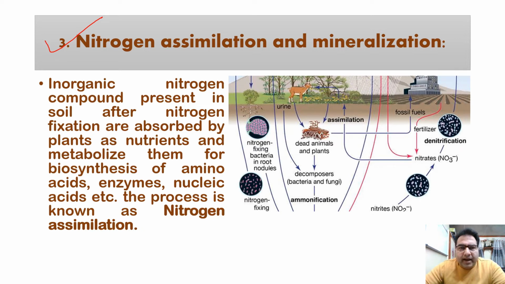Similarly, some of the nitrogen compounds undergo mineralization and get deposited in the soil as ammonium salts. Inorganic nitrogen compounds present in the soil after nitrogen fixation are absorbed by the plants as nutrients and metabolized for biosynthesis of amino acids, enzymes, nucleic acids, etc. This process is known as nitrogen assimilation.